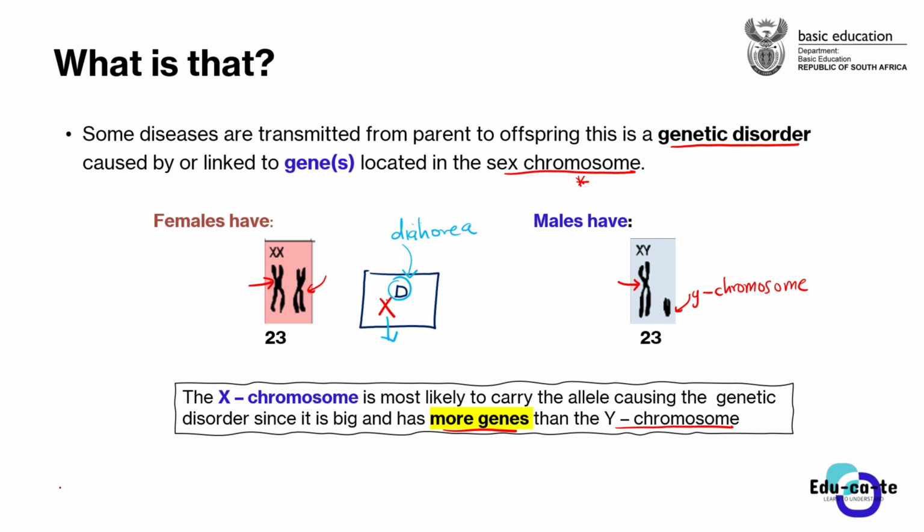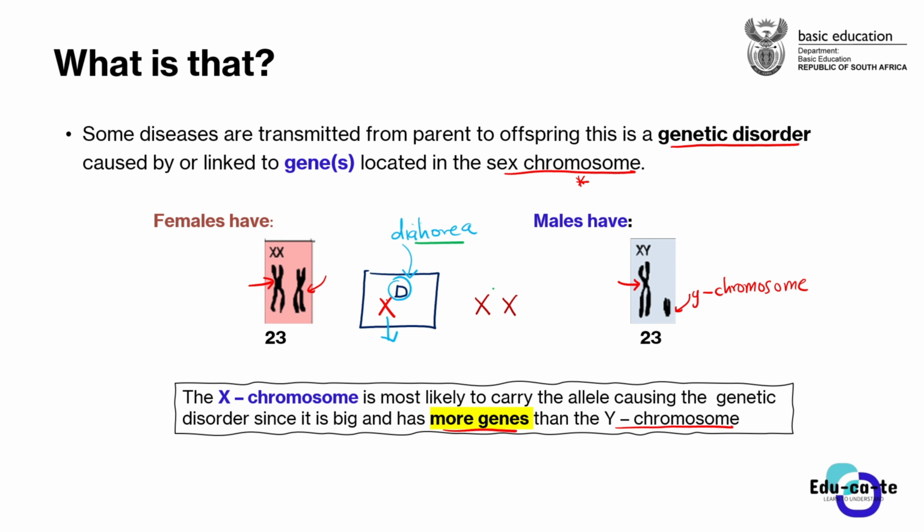If we want to describe a girl that does not have diarrhea, we would have to say XX. Remember, a girl is an XX. If she does not have diarrhea, we have to write the opposite of someone that has diarrhea. Because if diarrhea is caused by capital letter D, a dominant allele, then the recessive allele will not have diarrhea, because dominant and recessive are opposite.